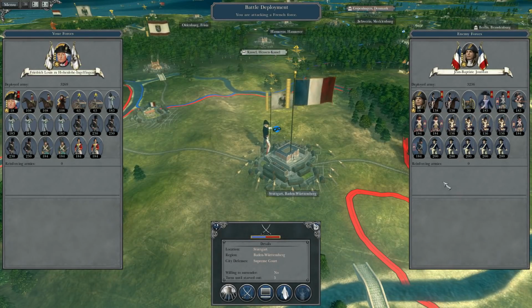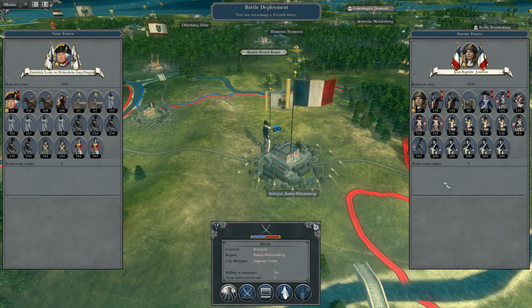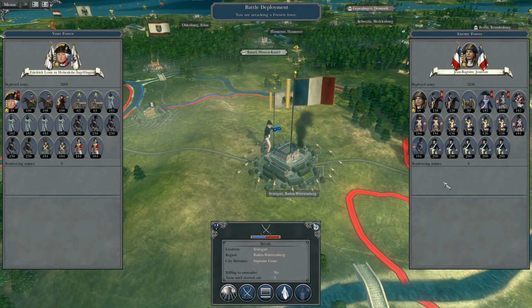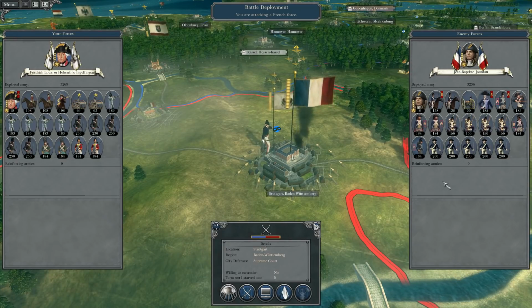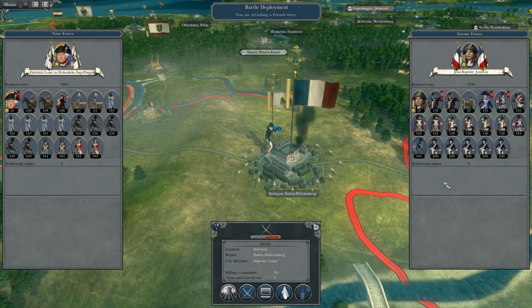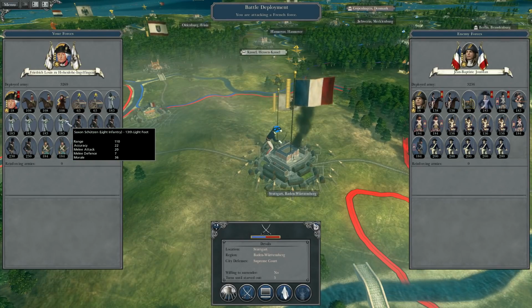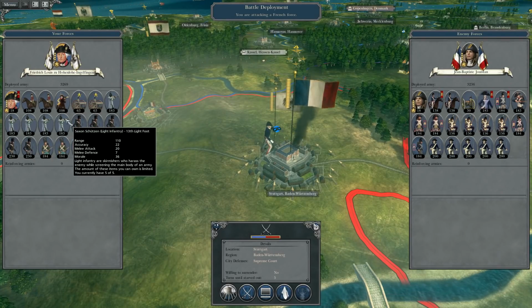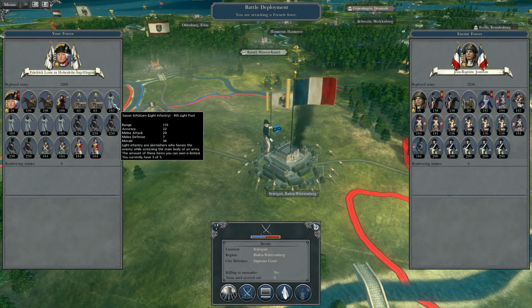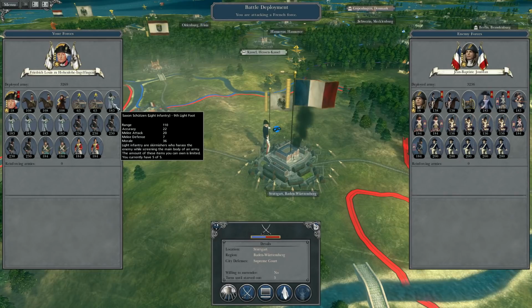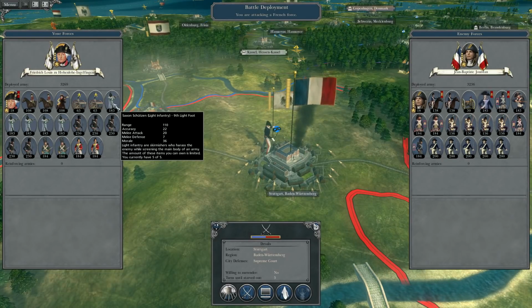So they have 3,000. We have roughly the exact same numbers. And we do have artillery superiority, and I think I have a slight edge in grenadiers, but I don't think I have an edge in light infantry, which is going to be the main problem here, dealing with the superior French light troops.